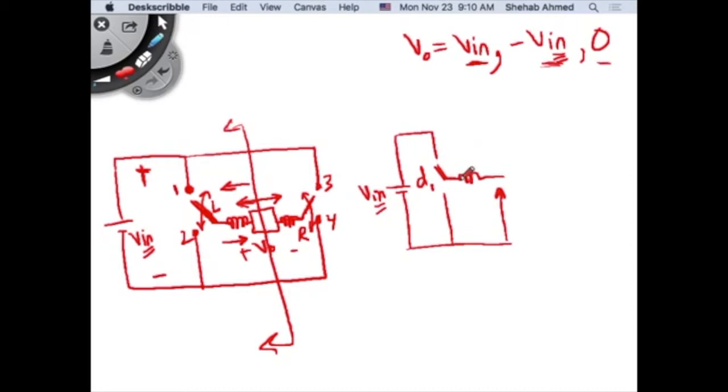We said that the average voltage I see here is always going to equal what? What's the voltage I will see here? It's either V input or 0. This is 0, my reference, and this is V input. So the voltage here is going to be between 0 and V input.